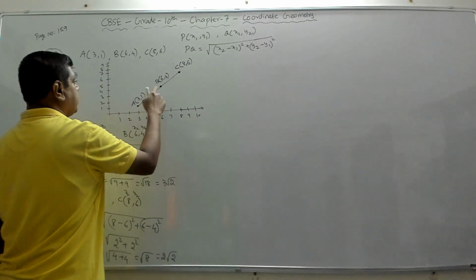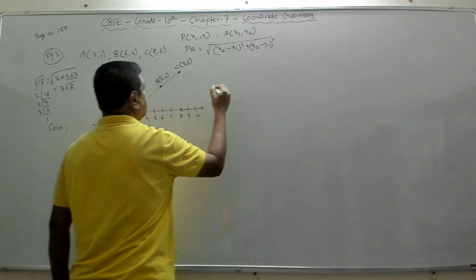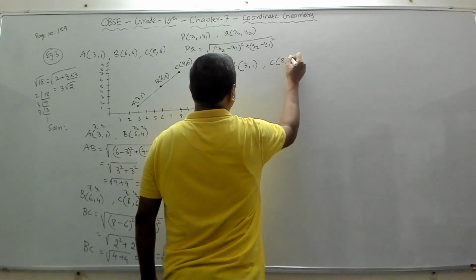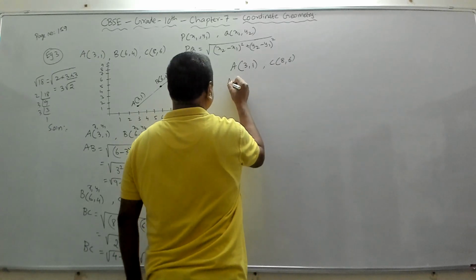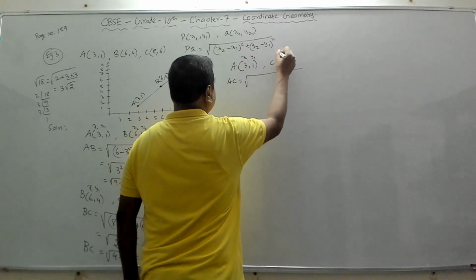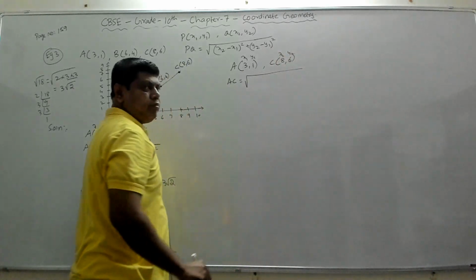We have found AB, we have found BC. Let's find AC. AC is what? A is 3 comma 1 and C is 8 comma 6. When we apply the distance formula, AC is square root of, we'll take this as x1 y1 and x2 y2, right?